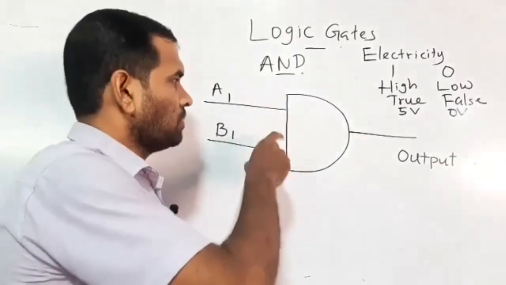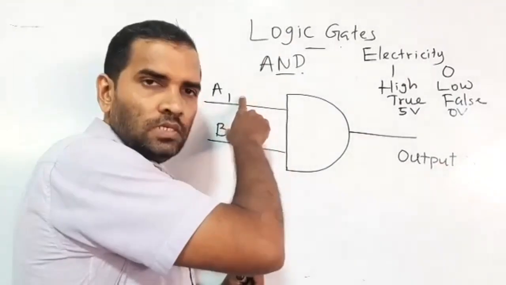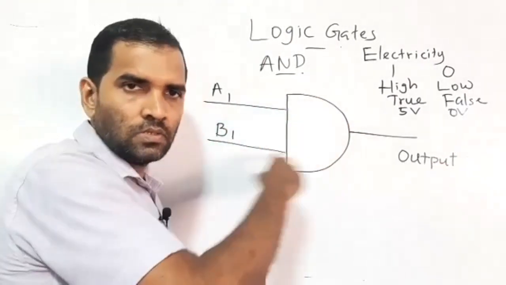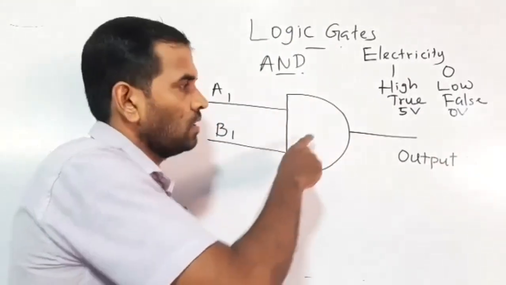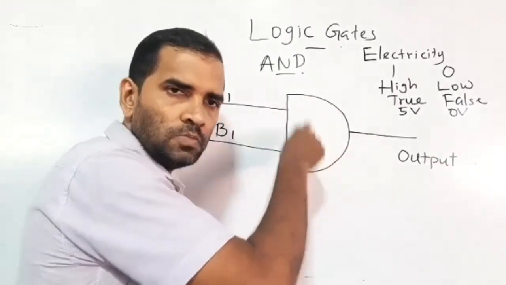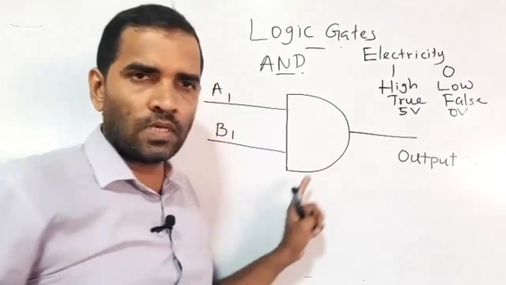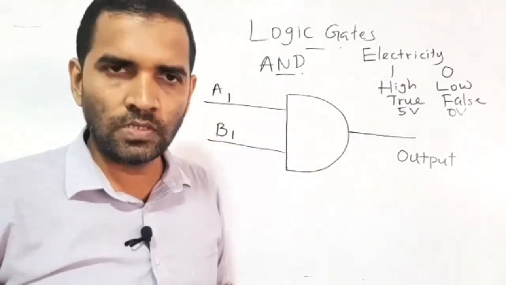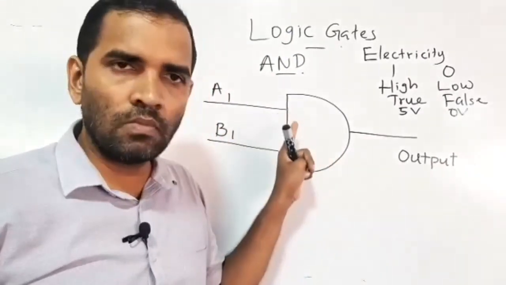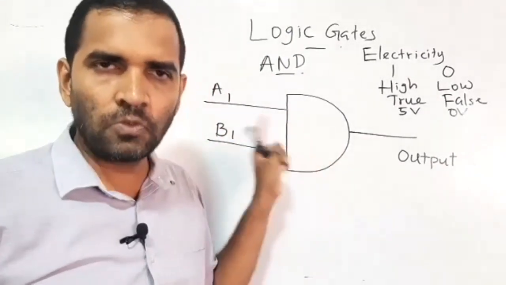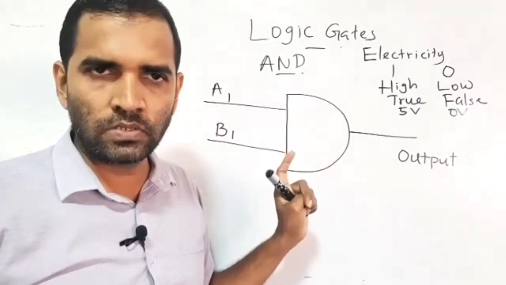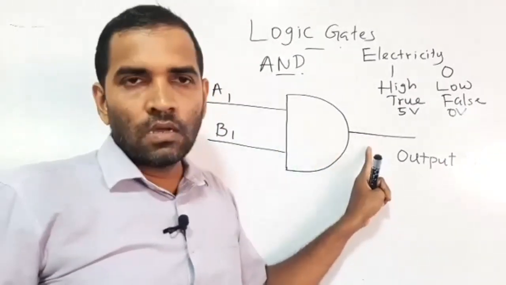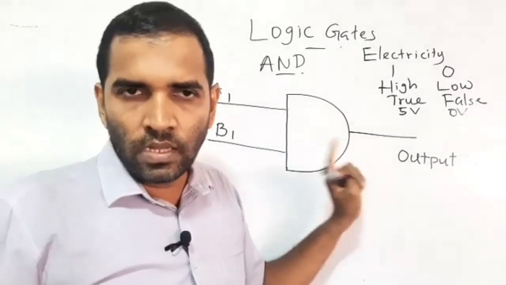It has so many components inside. So now what will happen? Electricity is going through 2 wires. There must be something happening inside, because you have some components inside. So some processes will take place, and as a result of that, you will get an output.